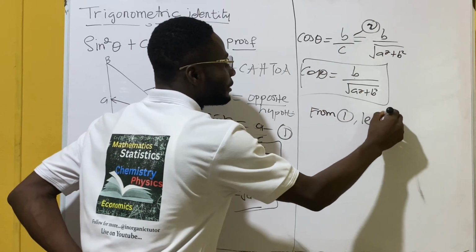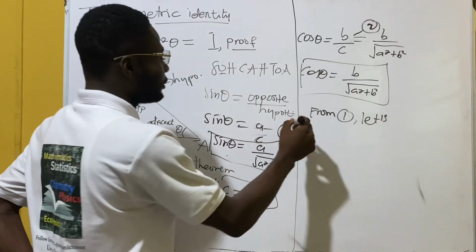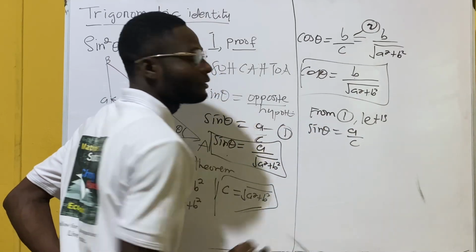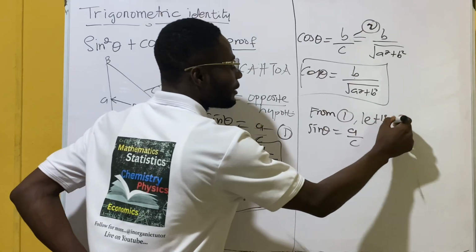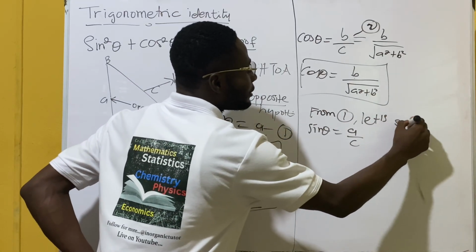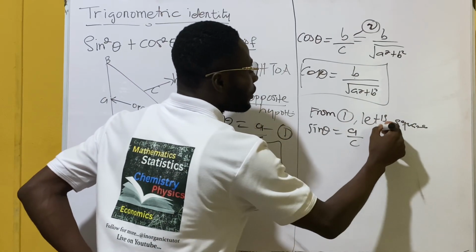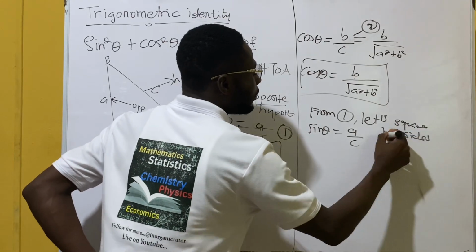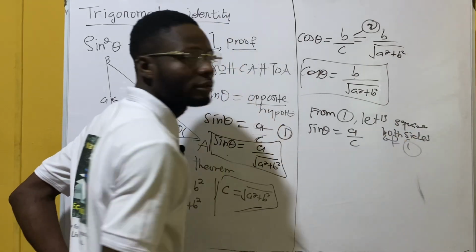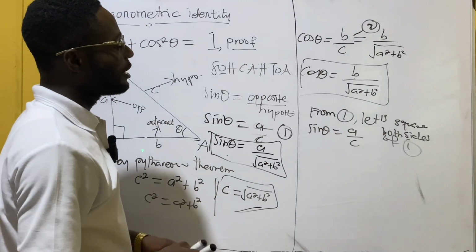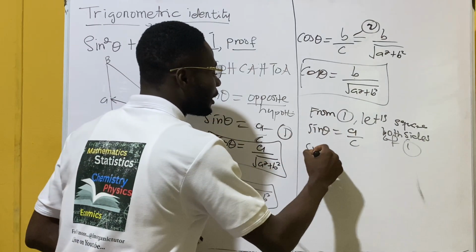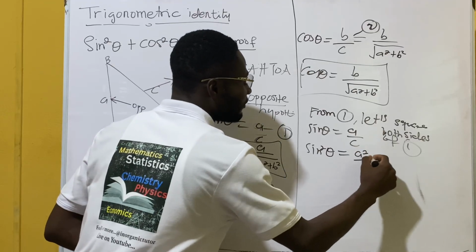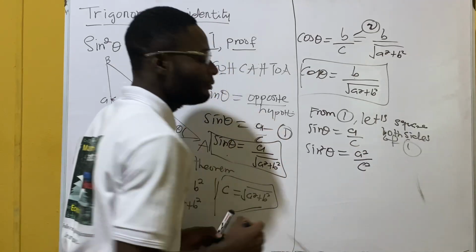So from equation 1, let's write it first. Sine theta equals A over C, right? So let's square both sides of equation 1. When we do that, we are going to have sine squared theta equals A squared over C squared.